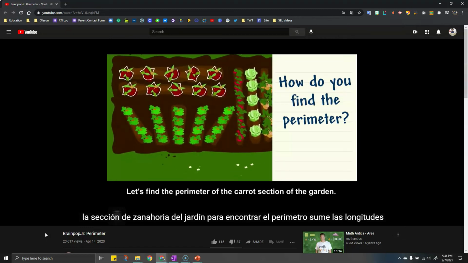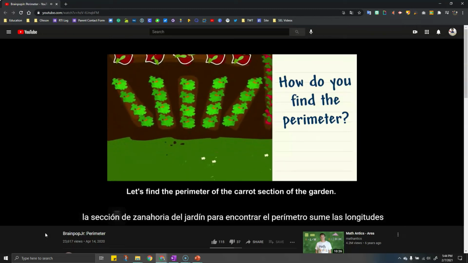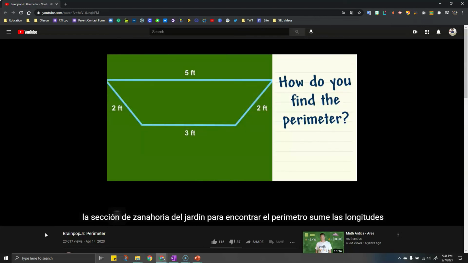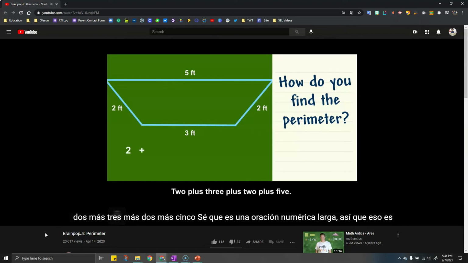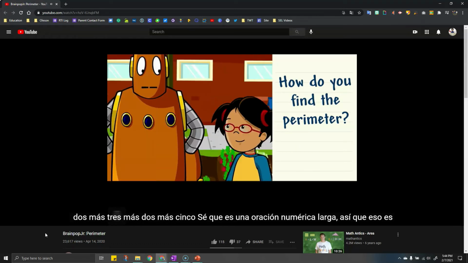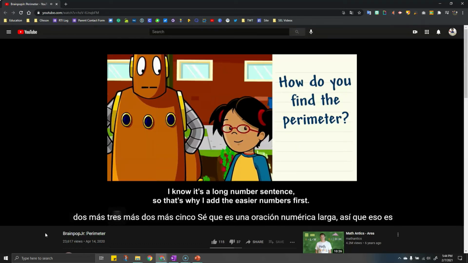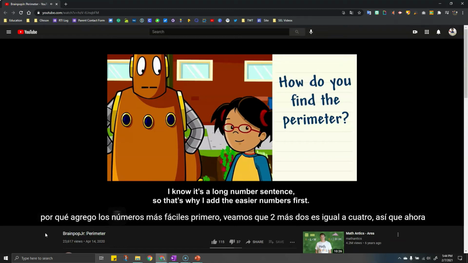Let's find the perimeter of the carrot section of the garden. To find the perimeter, add the lengths together. 2 plus 3 plus 2 plus 5. I know it's a long number sentence, so that's why I add the easier numbers first.